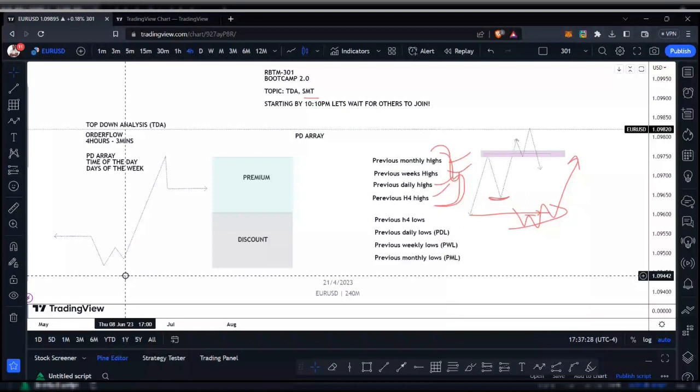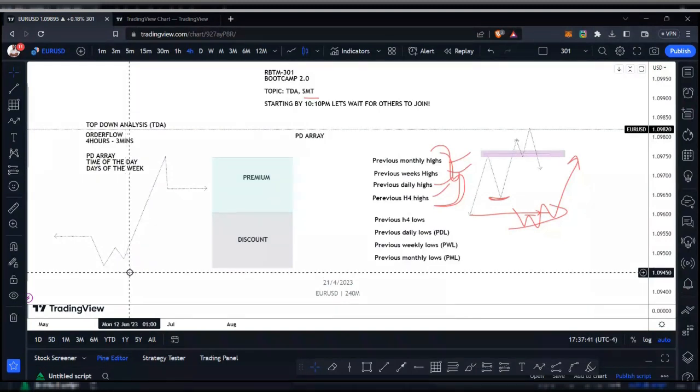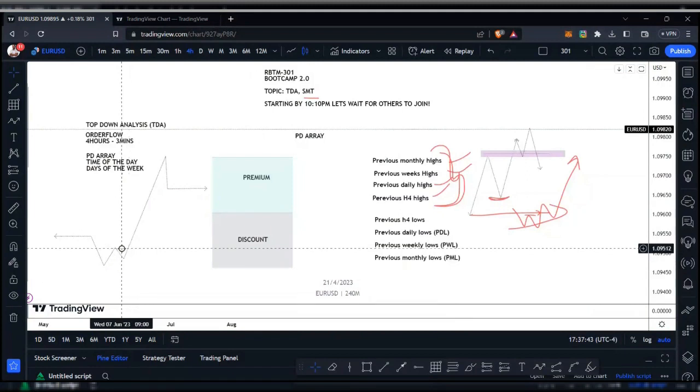If that week is going to be bullish, then most likely price is going to do what? Price is going to be bearish first.